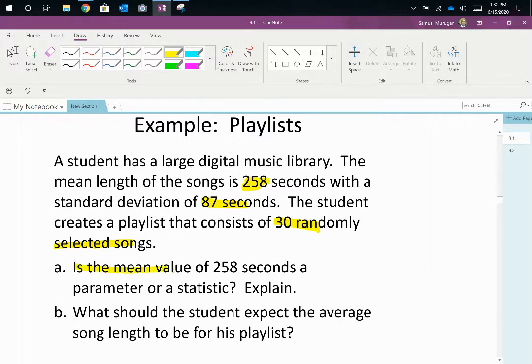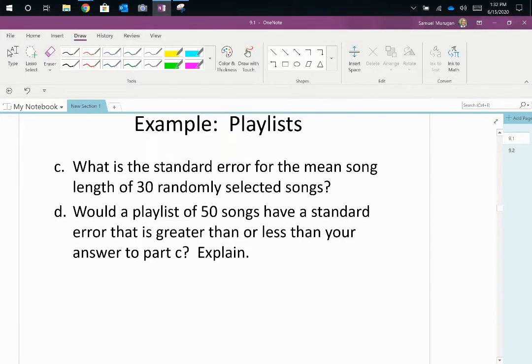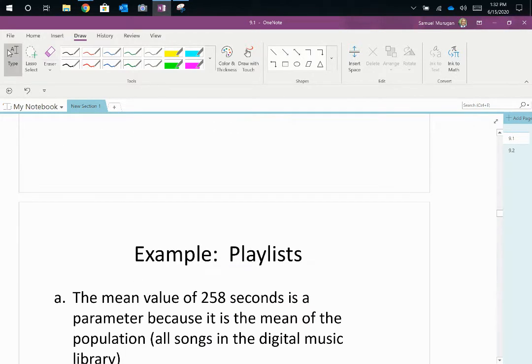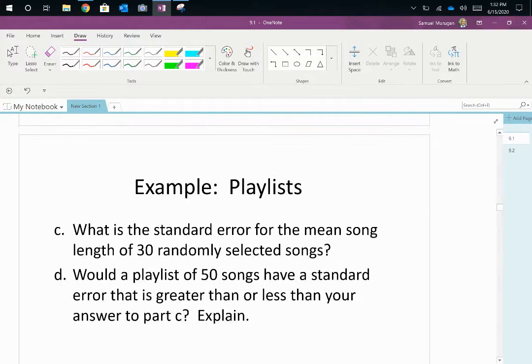Is the mean value of 258 seconds a parameter or a statistic? Explain. The mean value of 258 seconds is a parameter because this is the mean of the population, all of the songs in the library.